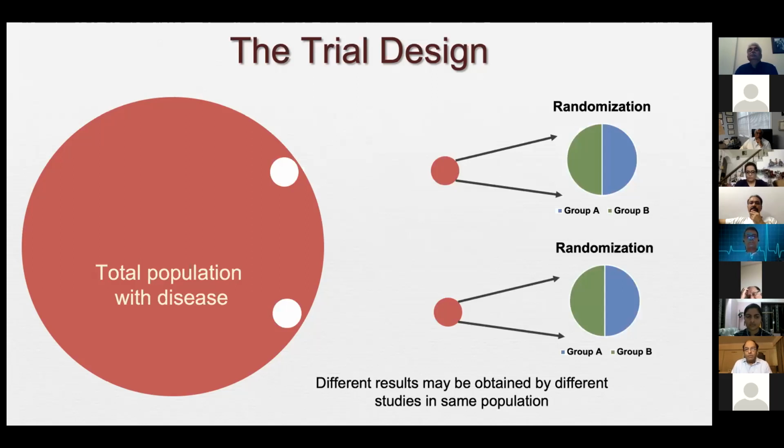Now, sometimes it may happen that you do more than one study. If you do two studies with different samples from the same population, different results may be obtained by different researchers in the same population. That may also depend on the sample size and various other parameters, but it is quite common. For example, if you do 50 studies all over the world in the same population, different trials will report different results.